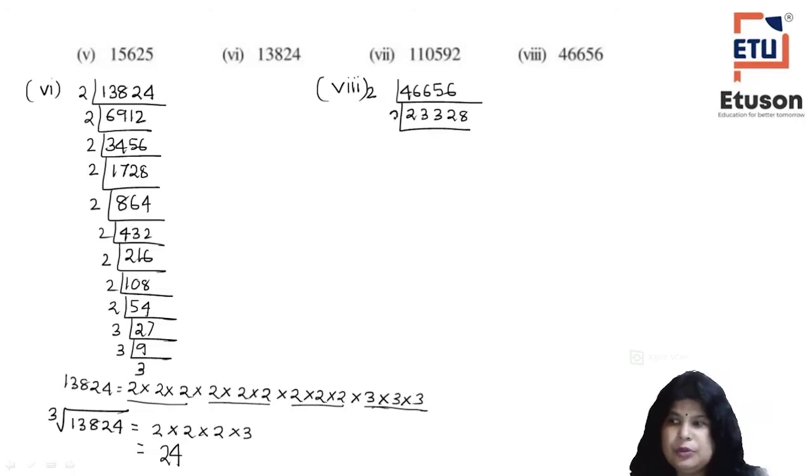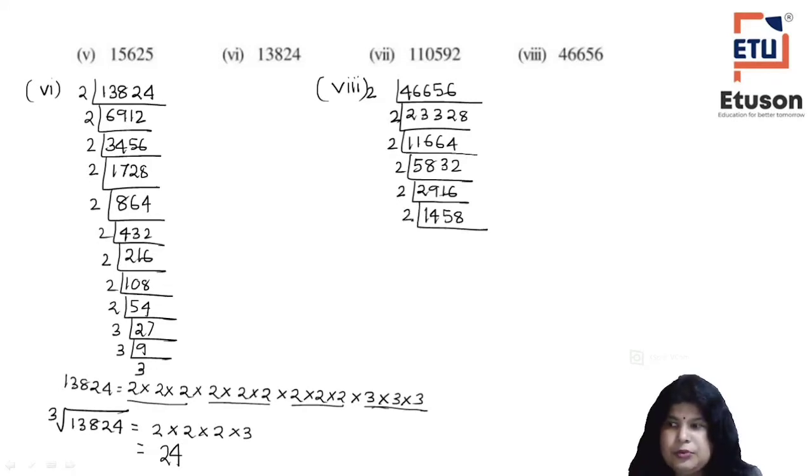Divided by 2, you get 11664. Divided by 2, you get 5832. Divided by 2, you get 2916. Divided by 2, you get 1458.